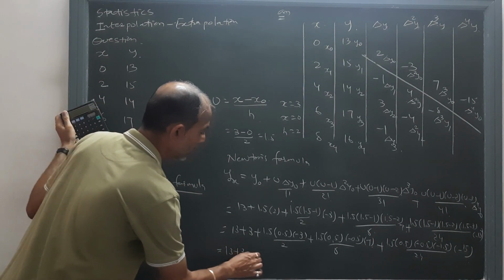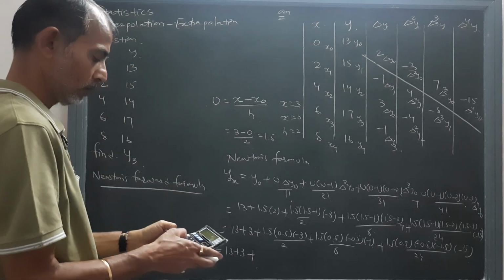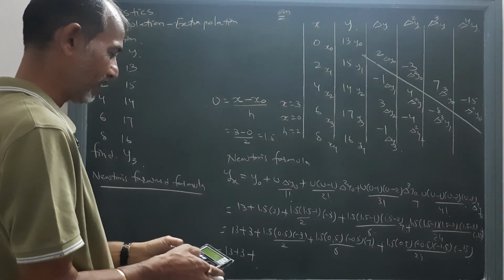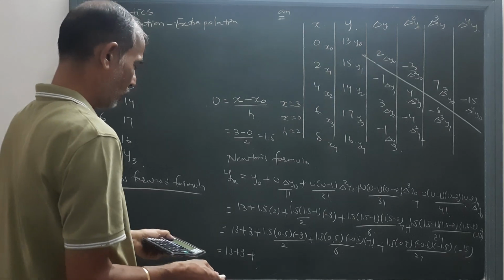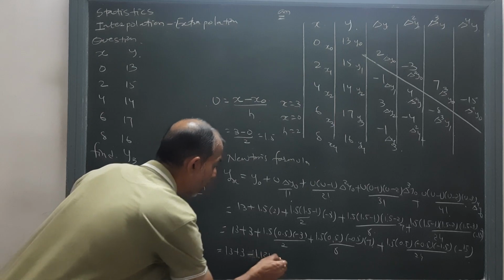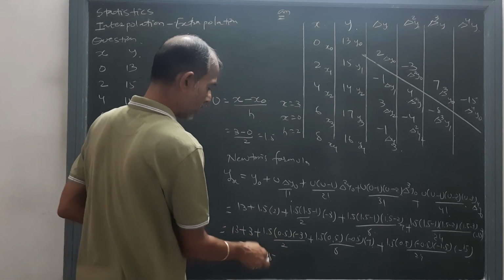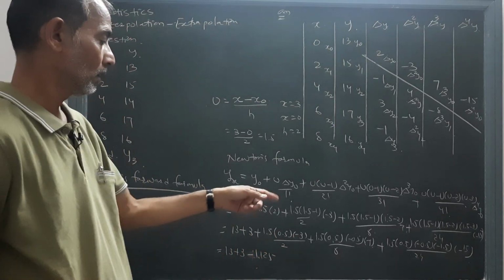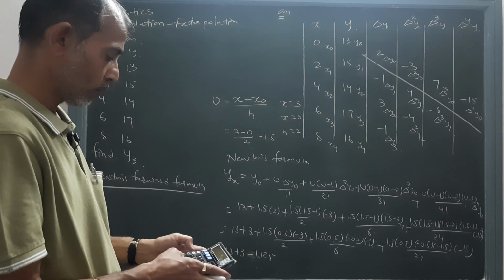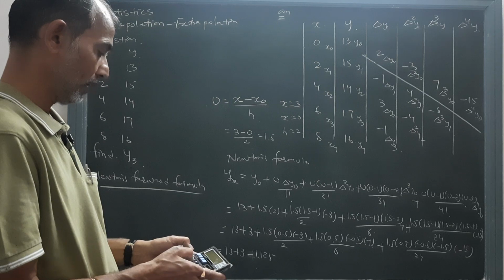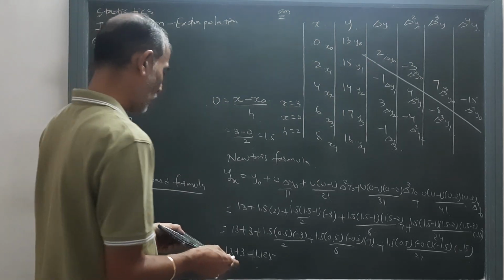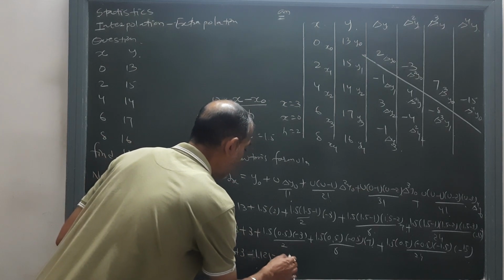Now these values will be simplified. 13 plus 3 plus 1.5 into 0.5 into minus 3 divided by 2, that is minus 1.125. Now 1.5 into 0.5 into minus 0.5 into 7 divided by 6, that is minus 0.4375.